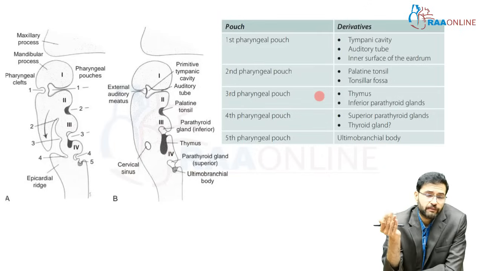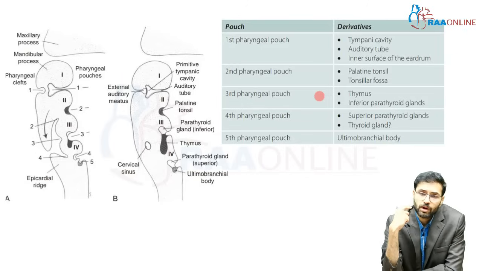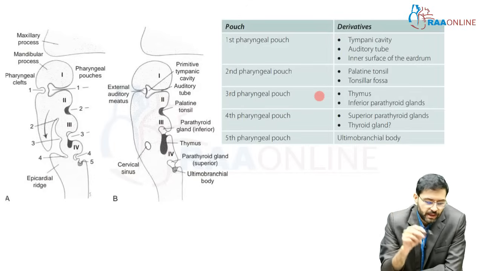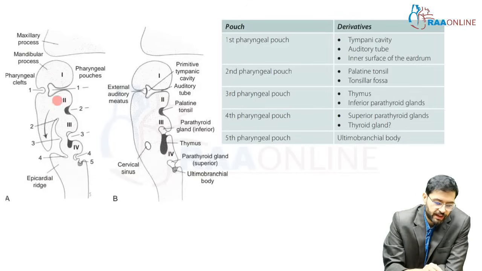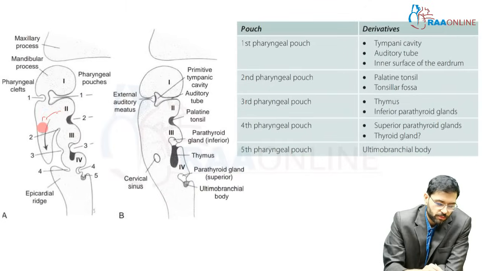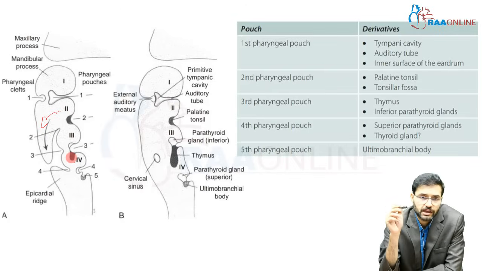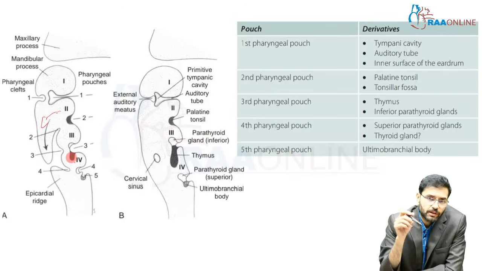Other ectodermal derivatives of the first cleft would include skin involving the tragus, the skin involving the maxilla, mandibular region, zygomatic region, etc. Okay. So, the mesenchyme of the second pharyngeal arch can overgrow, protrude and overhang the third and the fourth pharyngeal arches or clefts.